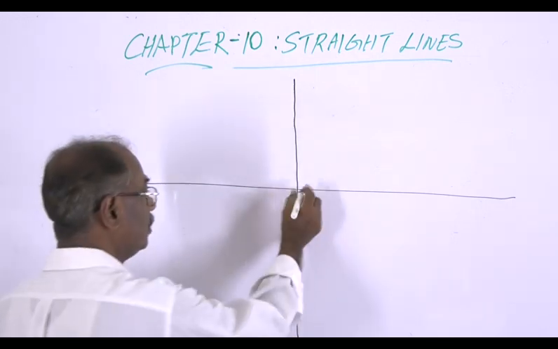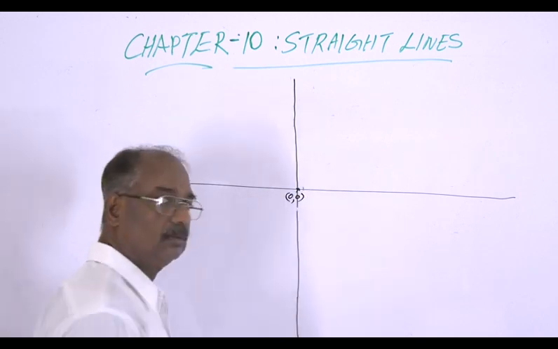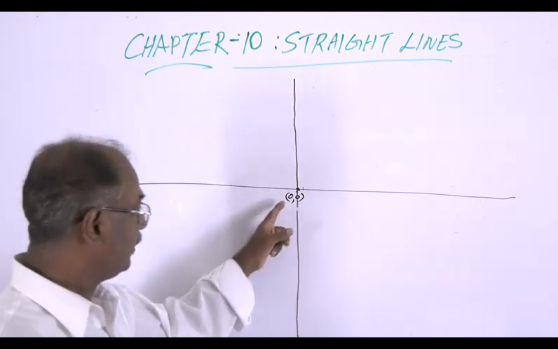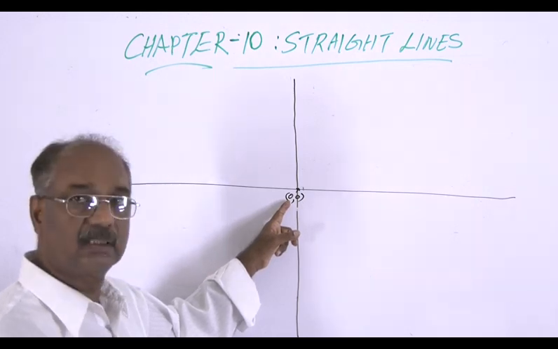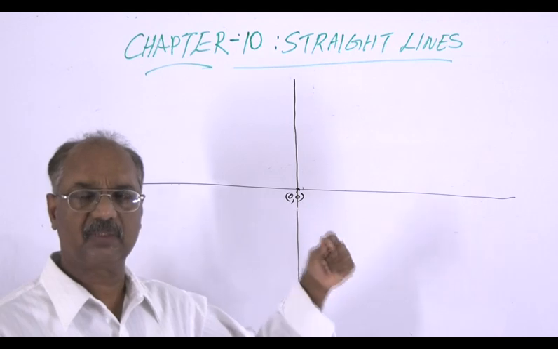The origin is the point representing (0, 0). (0, 0) means the x-coordinate of this point is 0, and the y-coordinate is also 0. You are quite familiar with this.